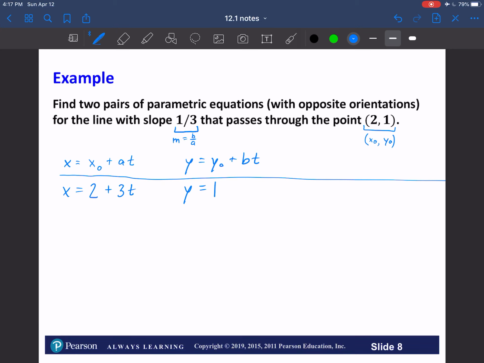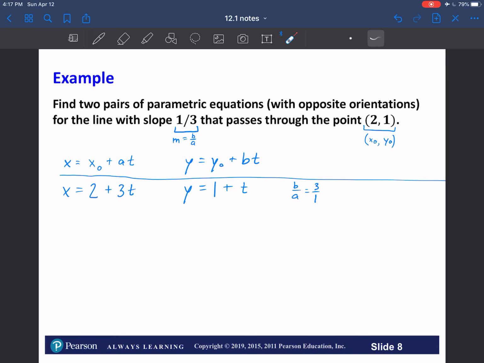Y is equal to 1 plus t. And so in this case, we said that b over a was equal to 1 over 3. Alright, so if this were the case, the idea is that as t increases, x increases, and so this will be an increasing function of t.